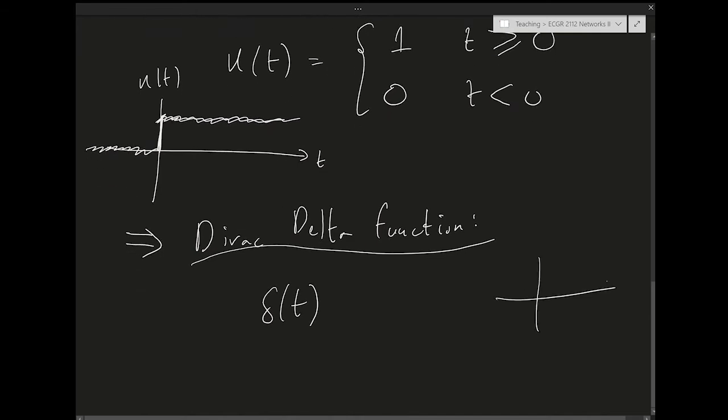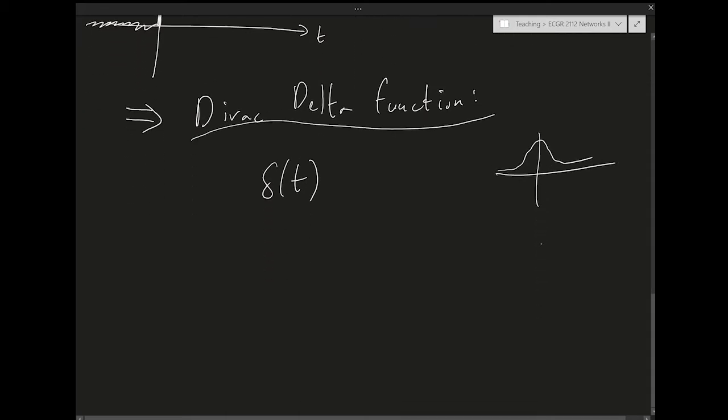If you take a function like a bell curve, where the area under the bell curve is 1, and then you continue making the bell curve narrower and taller while maintaining the area to be 1 as you do this, right?